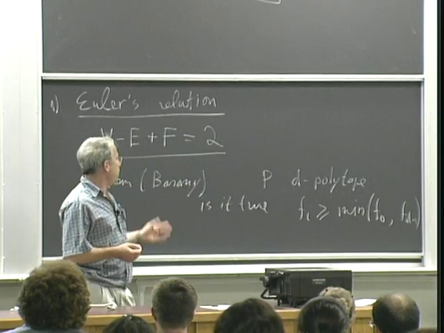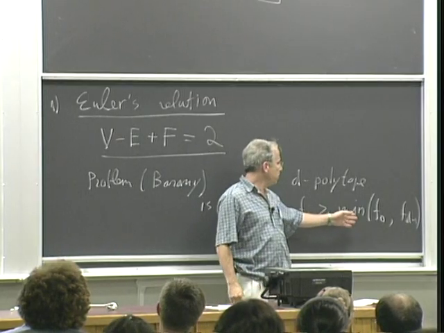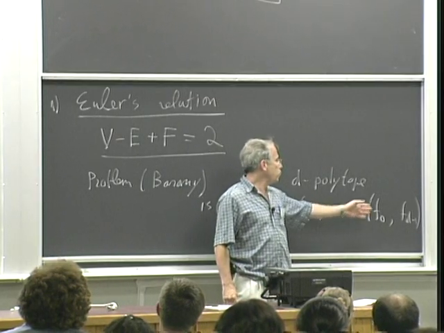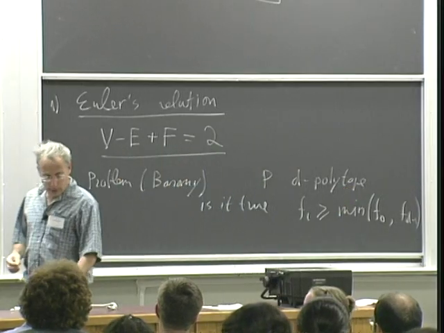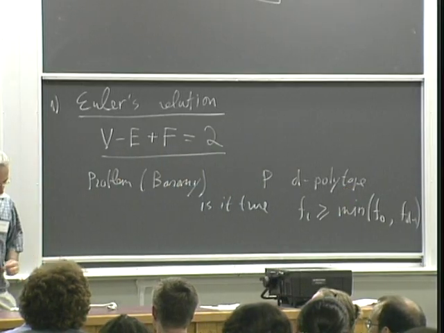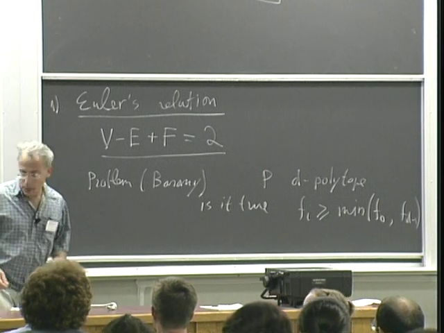On the other hand, we cannot even show that f_i is greater or equal to the minimum of f_0 and f_{d-1} divided by 1,000 or by any constant. So this is an embarrassing problem, and this is the place where I will leave f-vector theory.